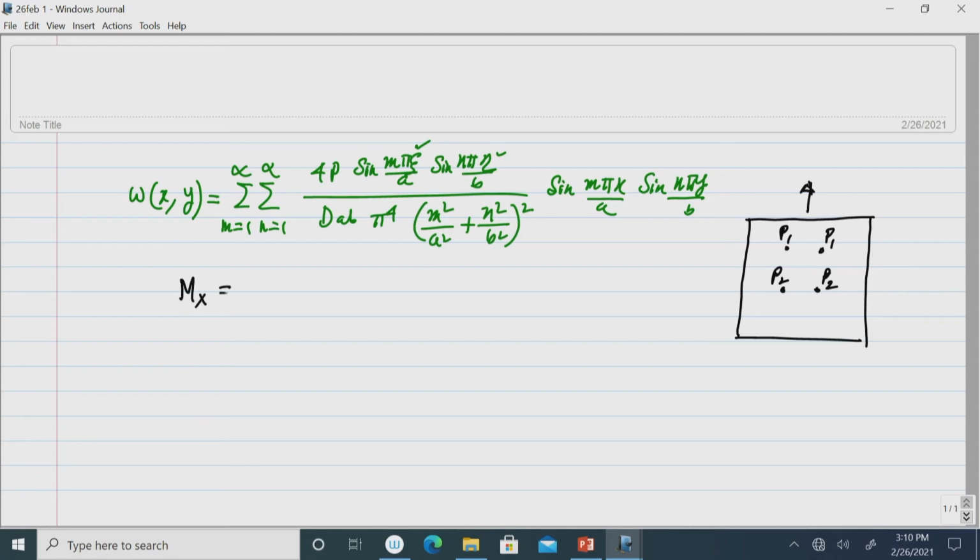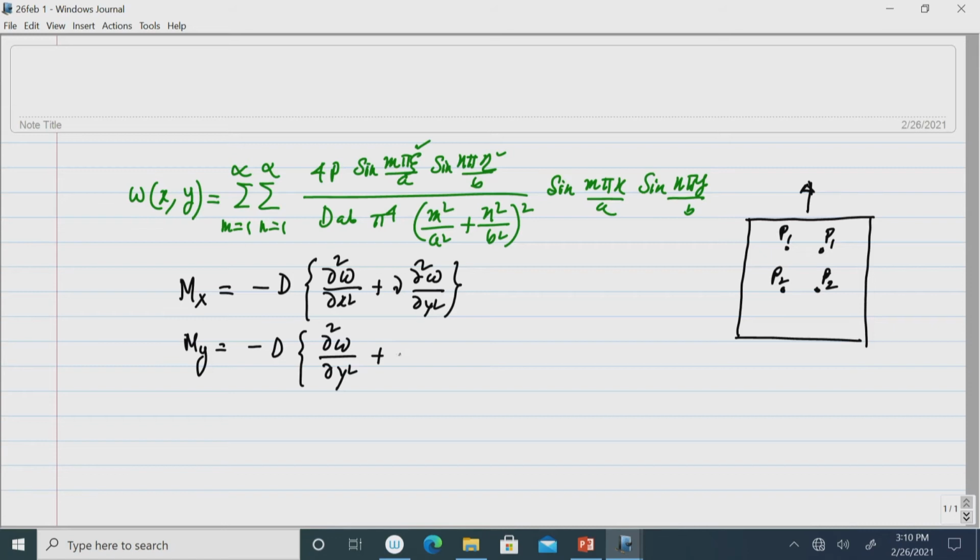for mx minus d, and expression for my. Okay.